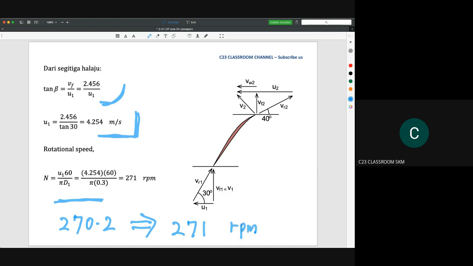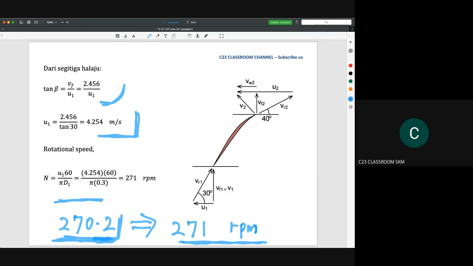Normally, if we have a lower value like this, 0.2, it is okay for you to round up to 271. So in your answer sheet, when you answer this question, please first write down your final answer here, and then you just write that you round up the value of RPM into 271 RPM.